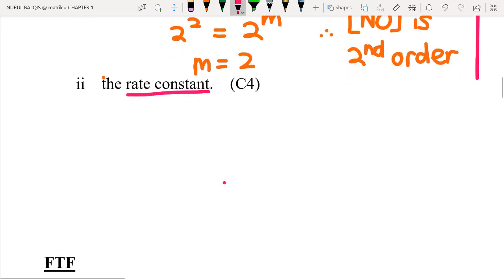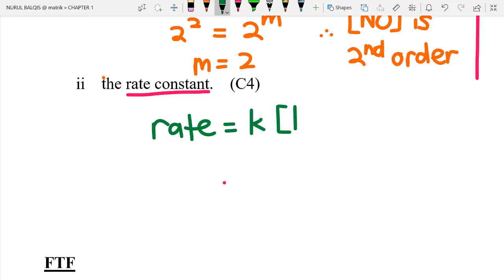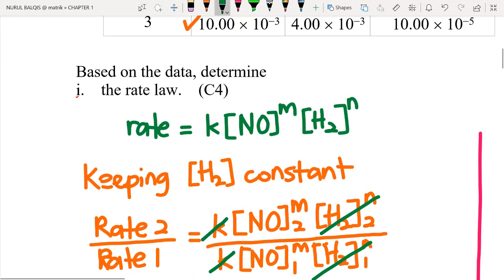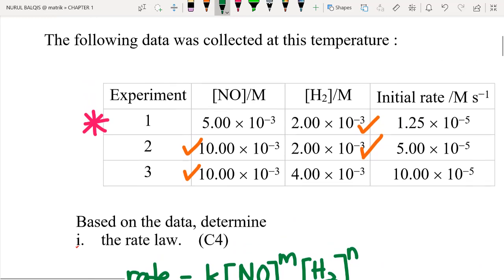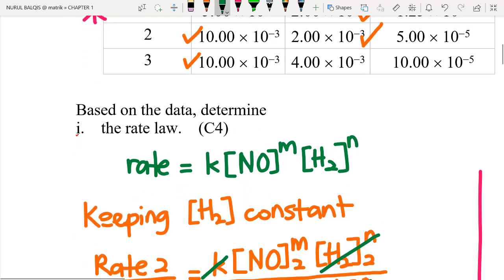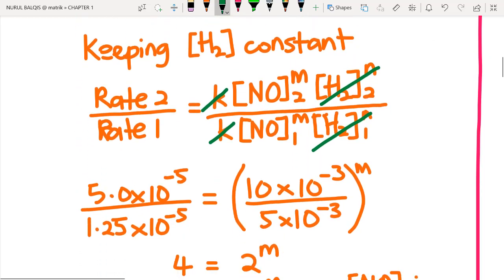So now we know already the rate law. The rate law is rate equals k, concentrations NO second order, H2 first order, and let's say we take the value at the first experiment. So we know the rate is 1.25.